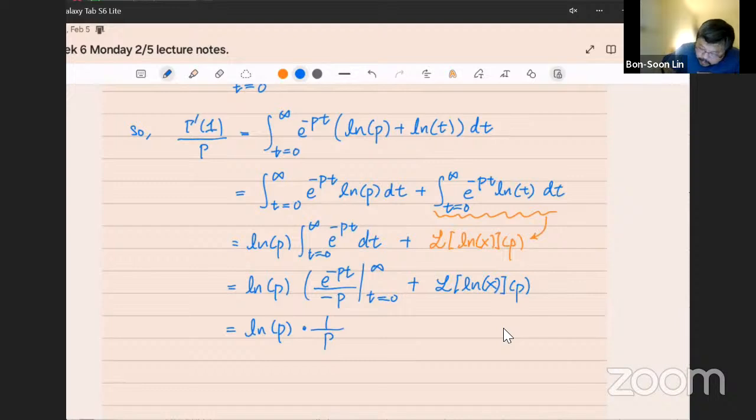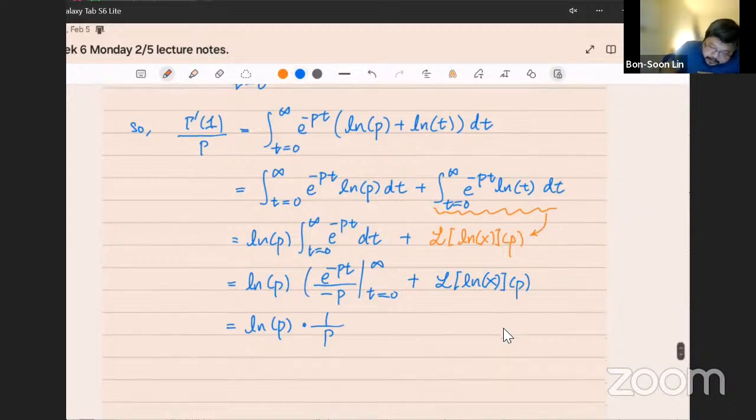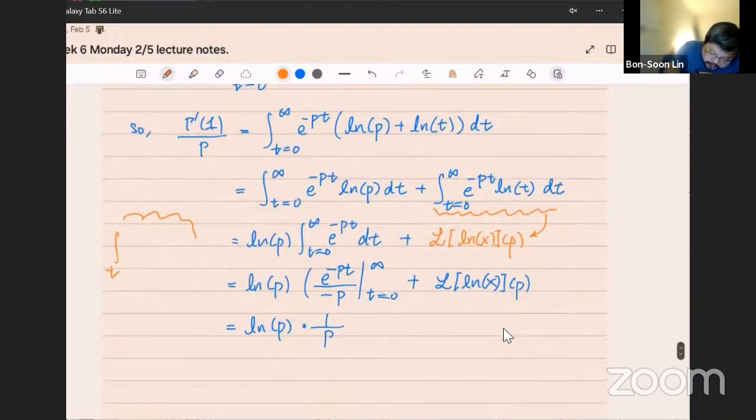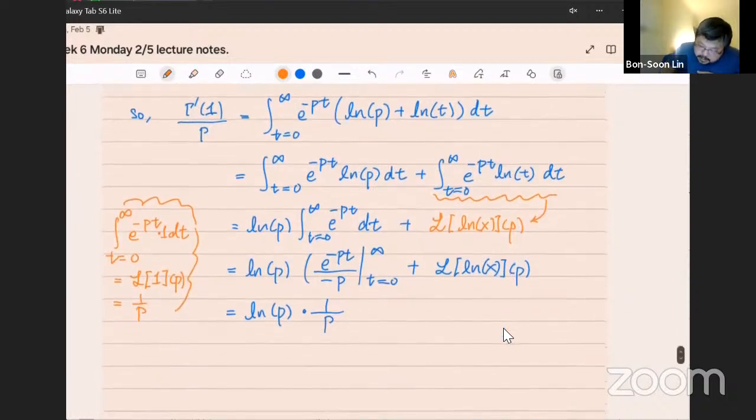So this is 1 over p. So let me write down what you just said. The integral from t from 0 to infinity of e to the minus pt dt, you can imagine there's a multiply by 1 here. So that is a Laplace transform of 1, which is 1 over p. So regardless, this first integral is 1 over p, plus the Laplace transform of natural log of x of p. So now we can just solve.